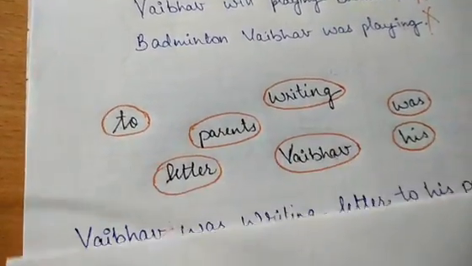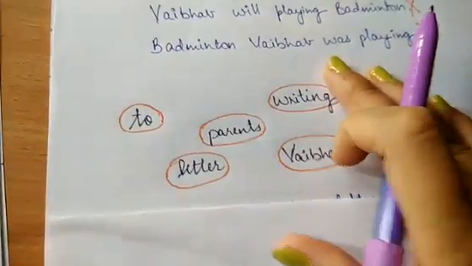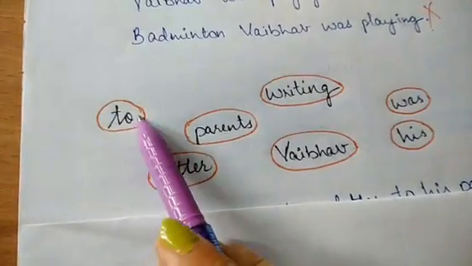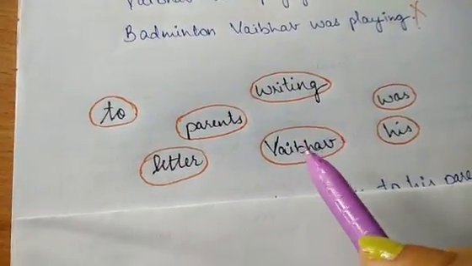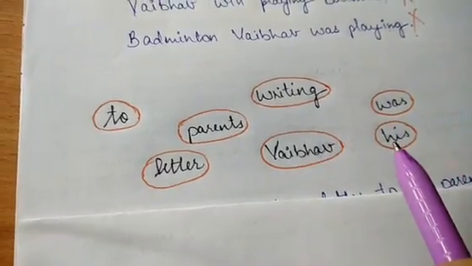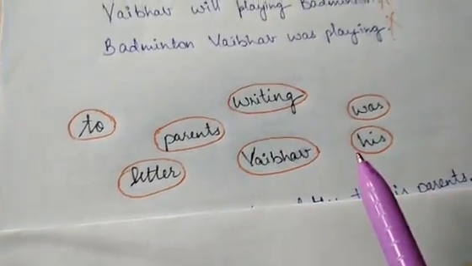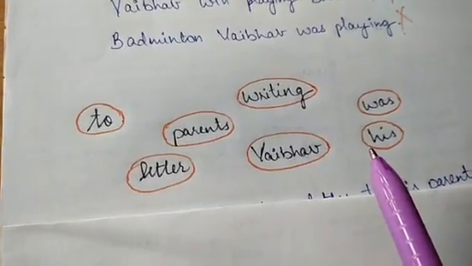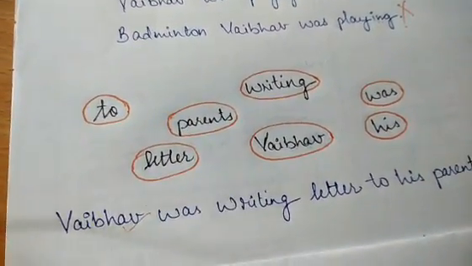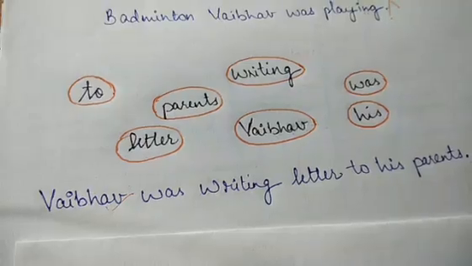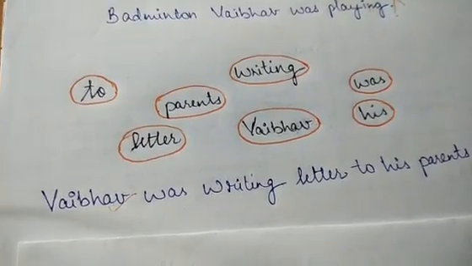Going through one more example. Here I have written certain jumbled words: to, later, parents, writing, Vaibhav, was, his. If you rearrange this sentence, the sentence formed by most of you will probably be Vaibhav was writing a letter to his parents.